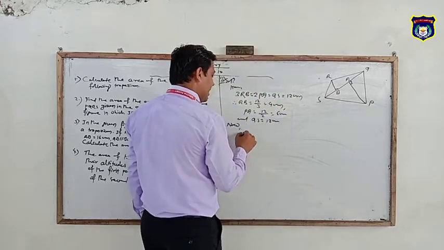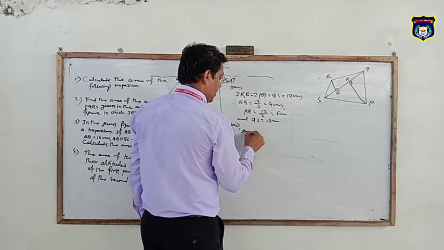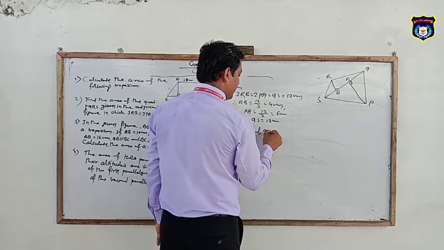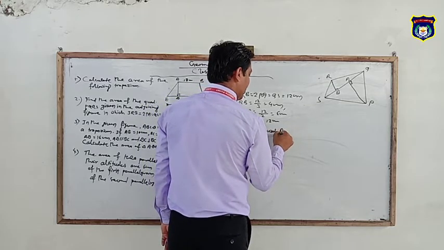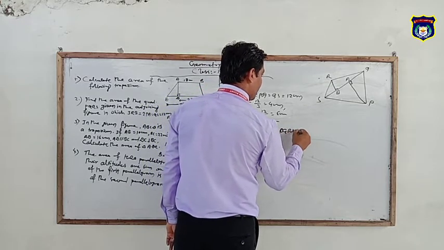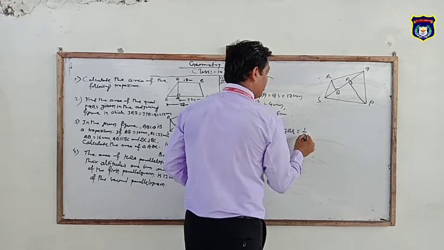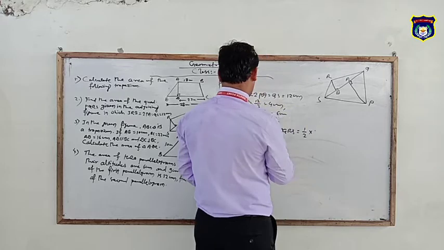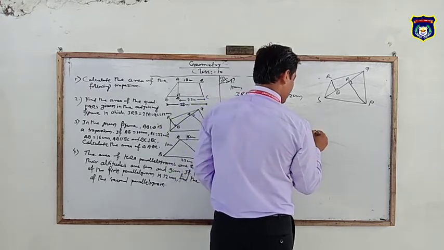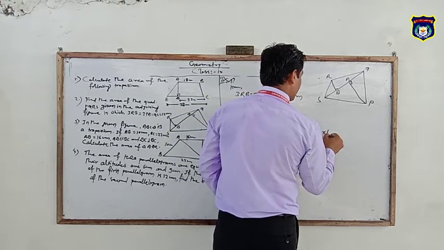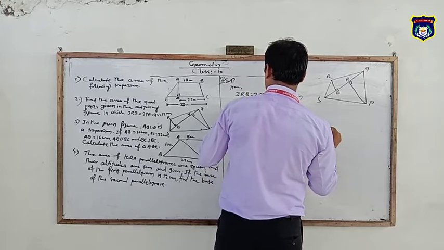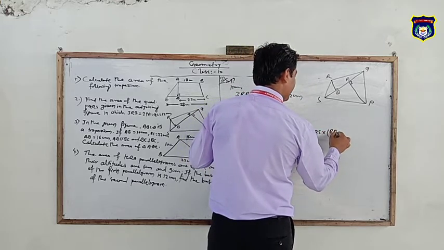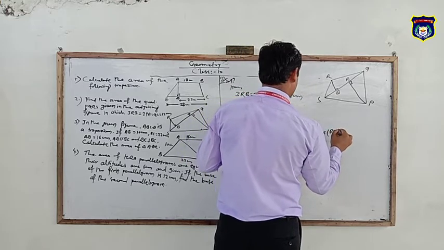So you can write there directly, area of quadrilateral PQRS is equal to 1 by 2, diagonal means QS, we have to write the QS, into RB plus PA.